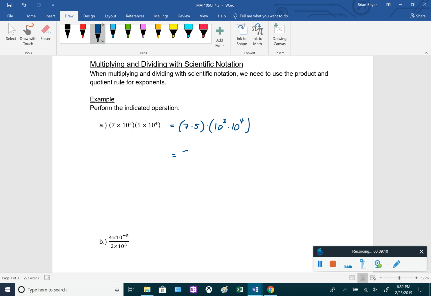So 7 times 5 is 35, and now I'm going to write it back in scientific notation. It's 35 times 10, so now we have to think, what's that new exponent? We have the same bases and we're multiplying, so we have to add the exponents. So 3 plus 4. We get 35 times 10 to the 7th, but we're not done yet.